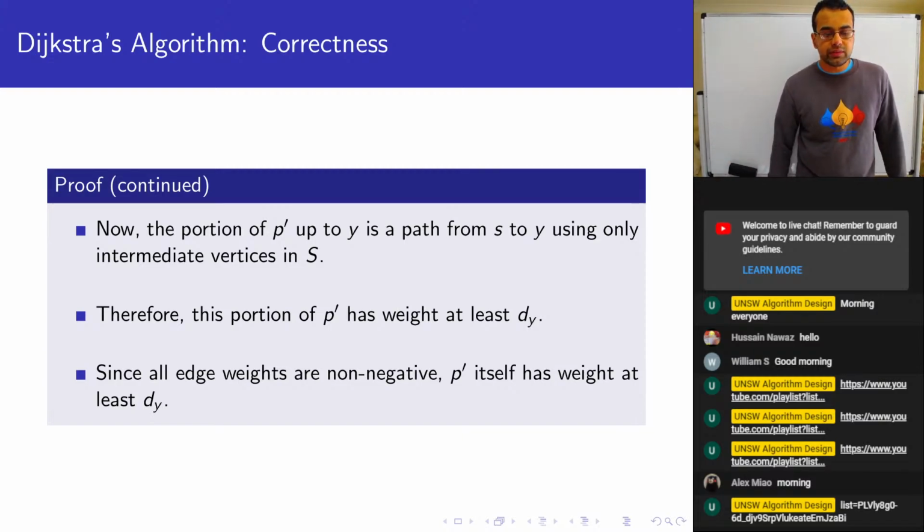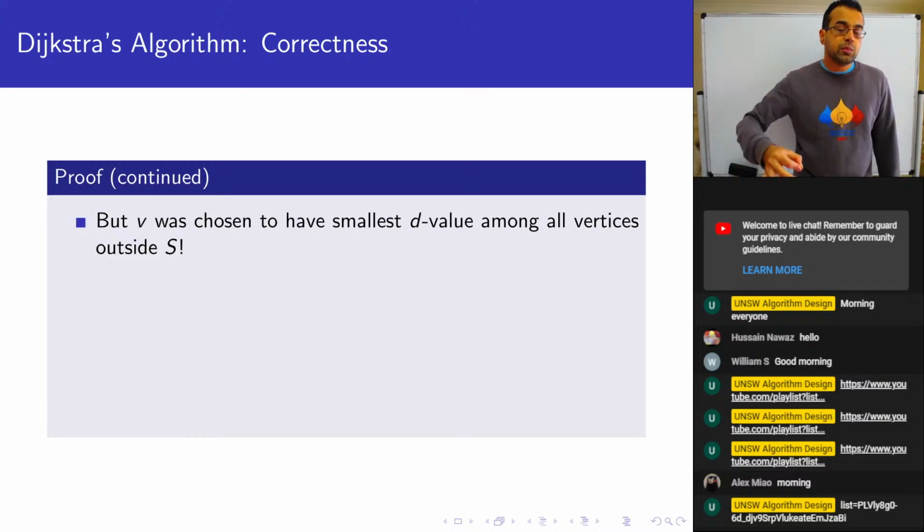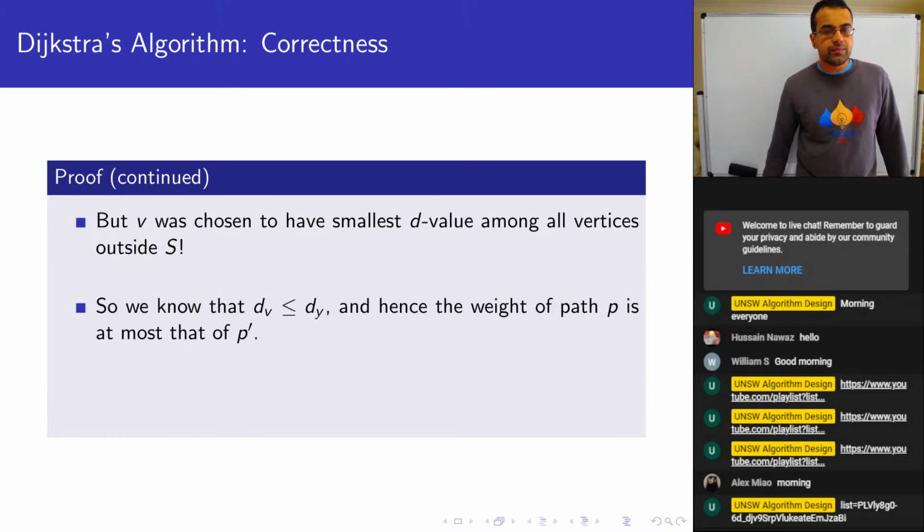How do we compare these? Well, V and Y are both outside the set S, right? And V was the next one to be added, which means V must be the one outside S which has the smallest d value. So V was chosen because it had the smallest d value among all the vertices outside S, and that includes Y as well, which means that d sub v is less than or equal to d sub y.